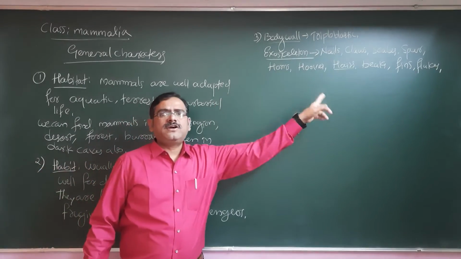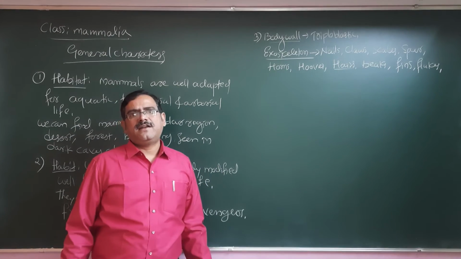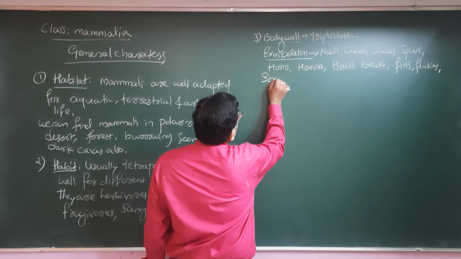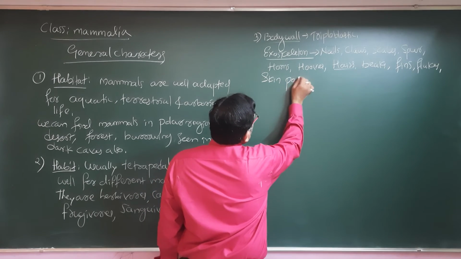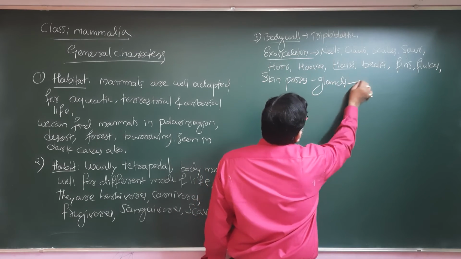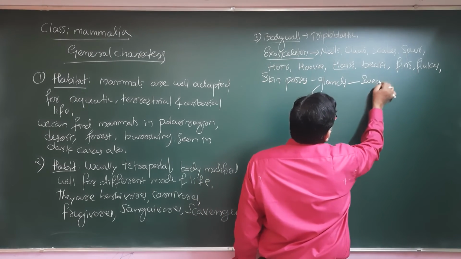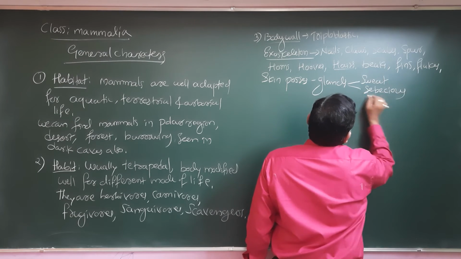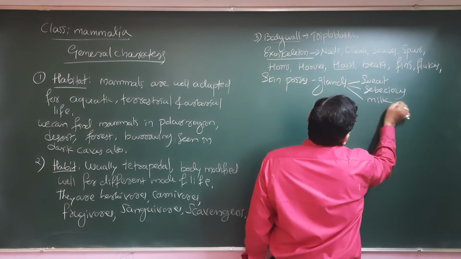Body wall also includes the skin with various kinds of glands. So skin possesses glands. What are those glands? It can be the sweat gland, the sebaceous gland, or the milk gland.